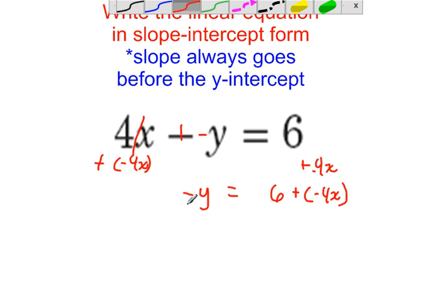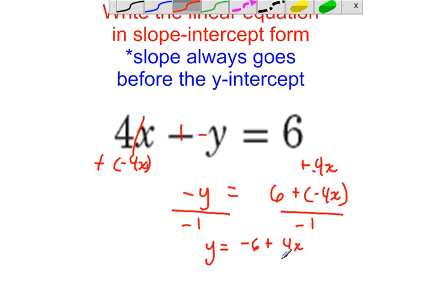Then our second step is to change y into positive, and we can do that by multiplying by negative 1 or dividing by negative 1. Either way, we'll do the same thing. So we have y equals 6 divided by negative 1 is negative 6, plus negative 4 divided by negative 1 is 4x.